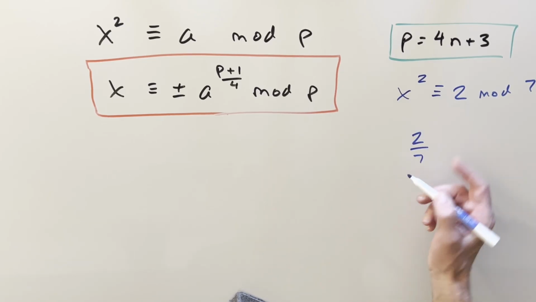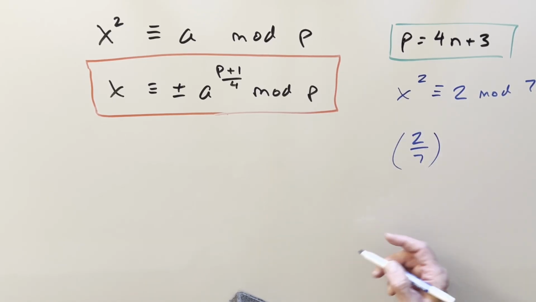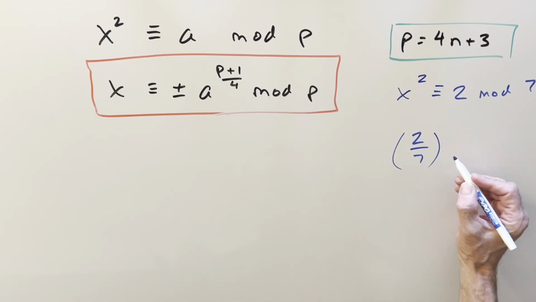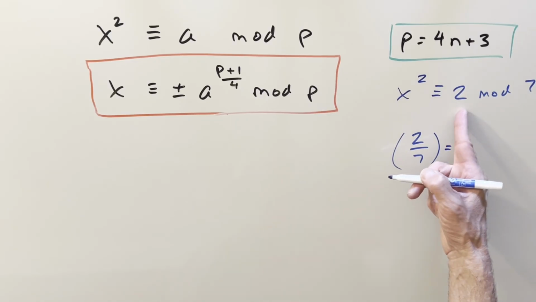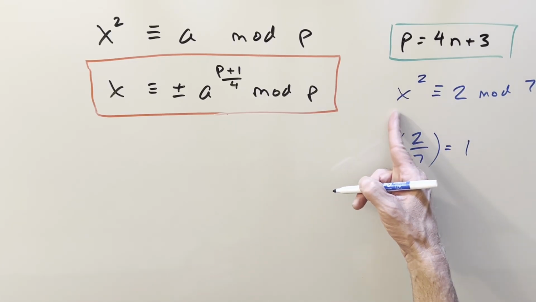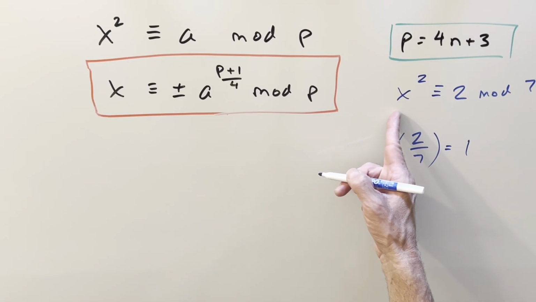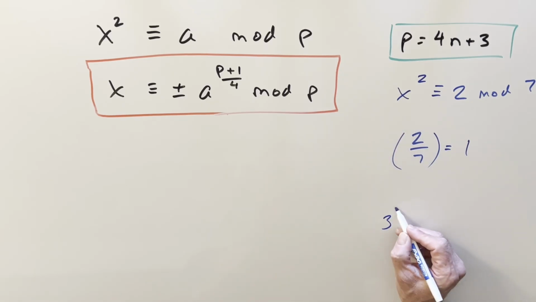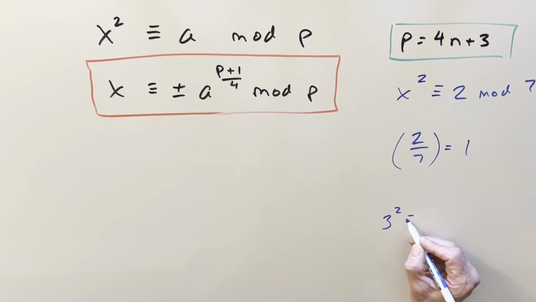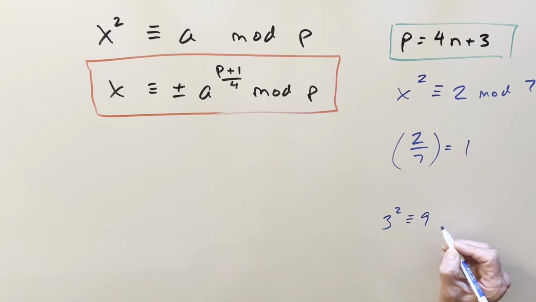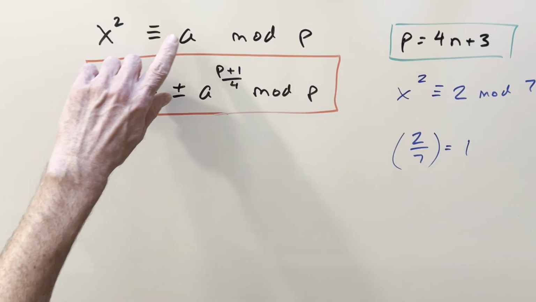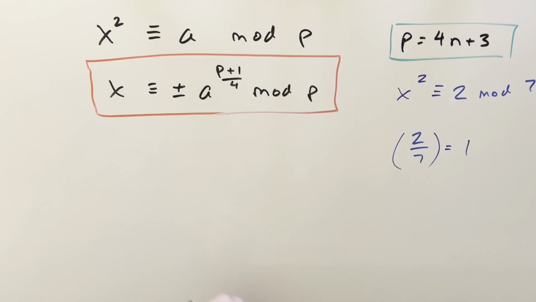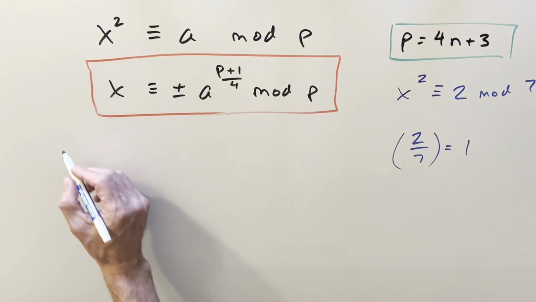This is just going to say, is 2 a quadratic residue mod 7? And yes, it is. For the Legendre symbol, we would give this a value of 1. The value here would be when x is plus or minus 3, because if we square 3, that's congruent to 9, but mod 7, that's congruent to 2 mod 7. So we do need that condition that a needs to be a quadratic residue mod p, or else there's going to be no solutions to this.